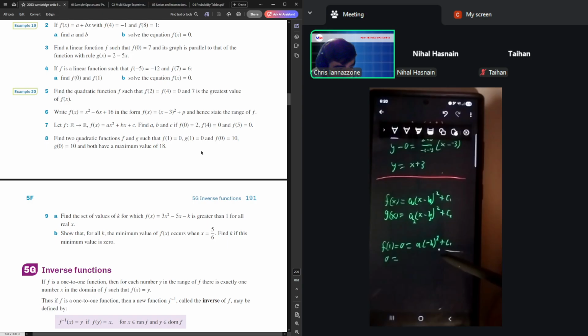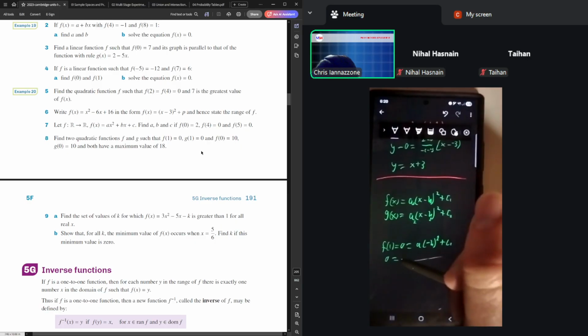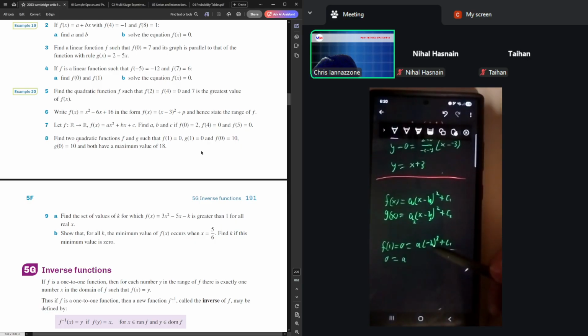Yeah, you're right. So you're saying the maximum value of 18 is referring to the y value specifically, which is therefore the plus the vertical translation of it. So we do actually know what C1 is as well. So h being negative, squaring it is going to put it right back to being positive, and you got the plus 18.